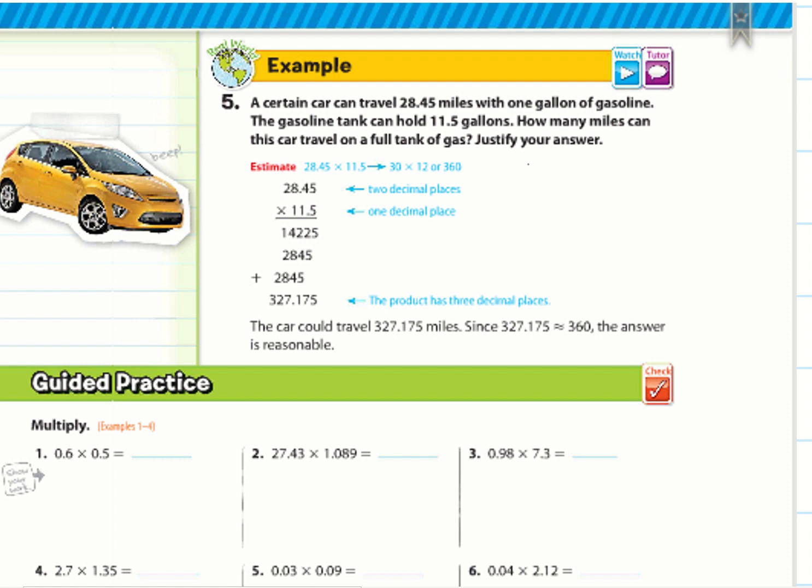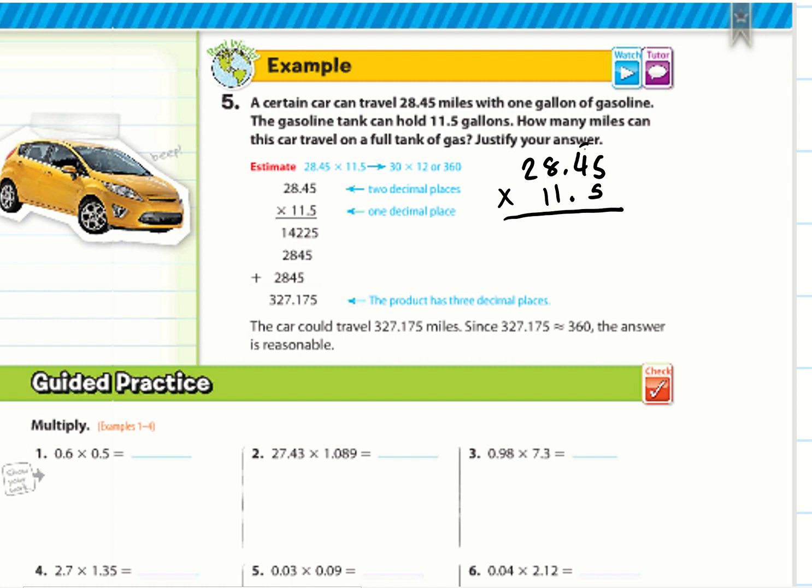So if it can go 28 and 4/500 with 1 gallon, and we can hold 11.5 gallons, so we can multiply those answers together because we have to do 28 and 4/500 11.5 times. So that's why we're going to multiply.